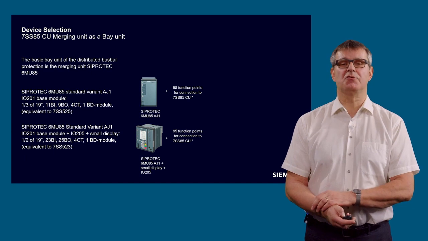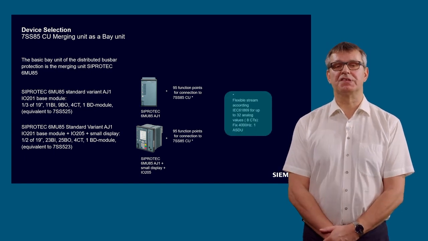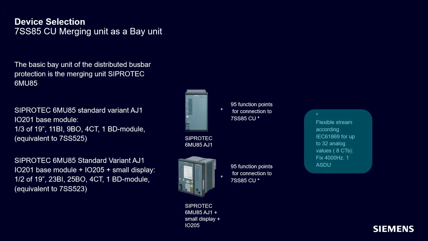One additional remark on the 95 additional function points you have to buy. With these 95 additional function points, you buy a flexible stream according to IEC 61869, and this stream is suitable for up to 32 analog values, which means up to 8 CDs.